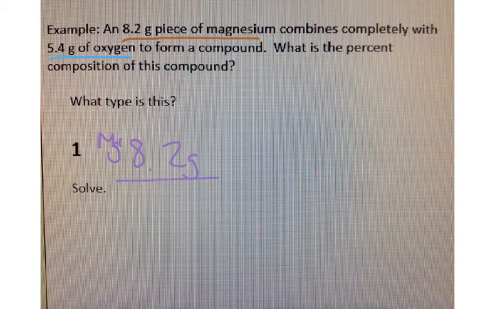Well, what is that total mass? For this problem, 8.2 grams is coming from the magnesium and 5.4 grams is coming from the oxygen. So when I simplify this, I get 8.2 grams is coming from the magnesium and 13.6 grams is coming in overall. So that is proportionally going to be equal to the percentage over 100.